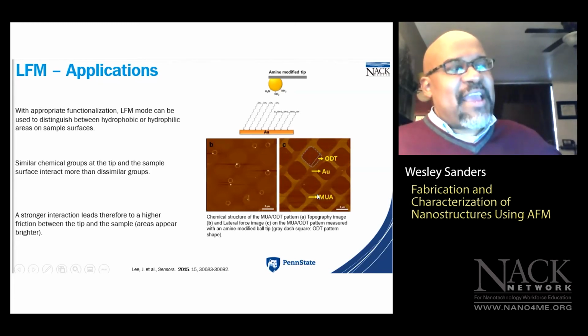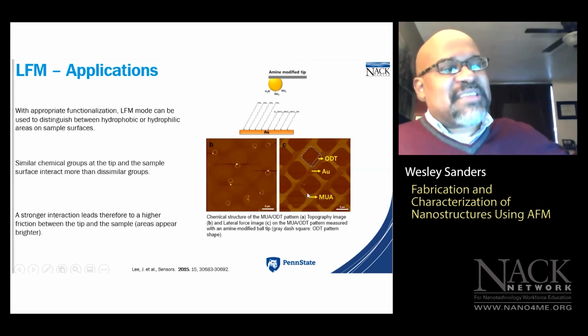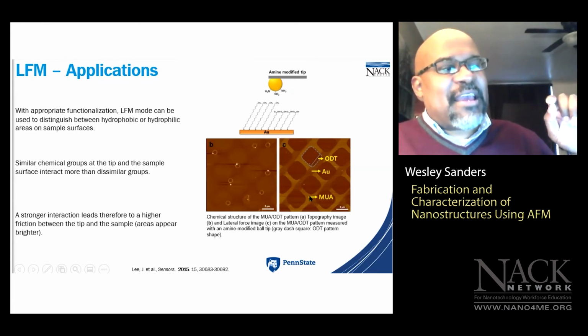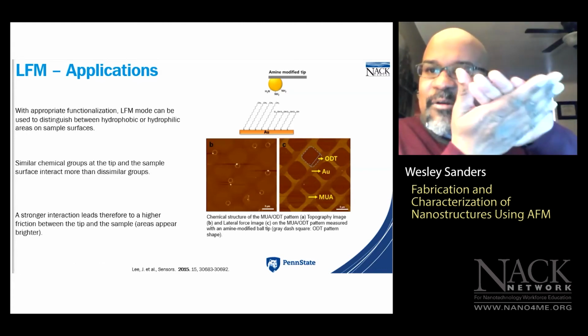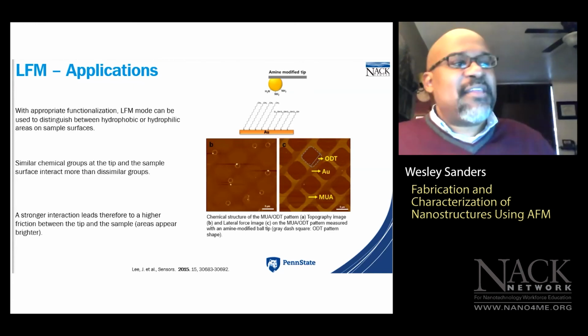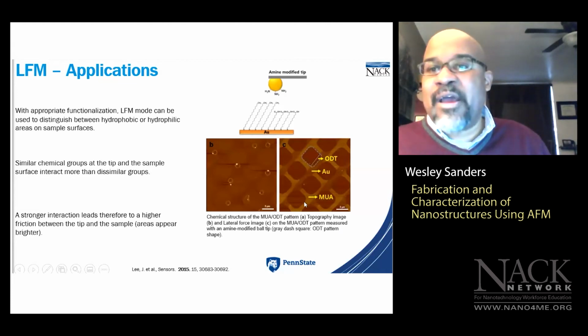So as the AFM tip has a base around its periphery, as the AFM tip scans the sample surface, we can clearly see we have acid-base interactions occurring between the tip and the undecanoic acid, right? So those stronger chemical interactions are going to generate higher friction that we can clearly see in the LFM image because those regions appear brighter.